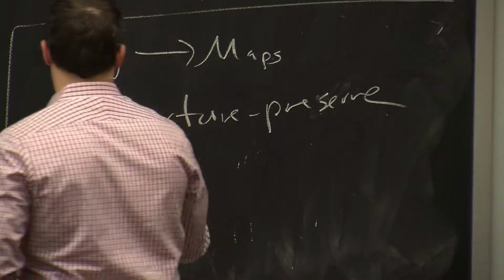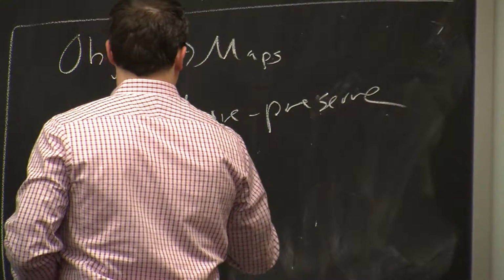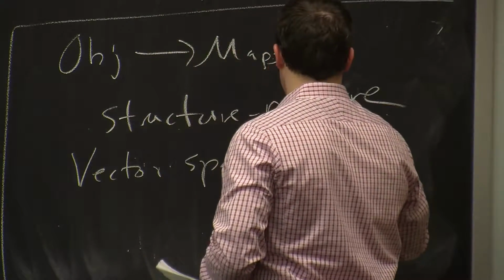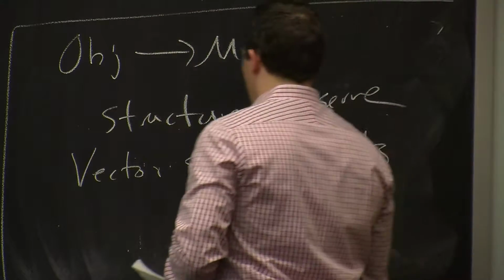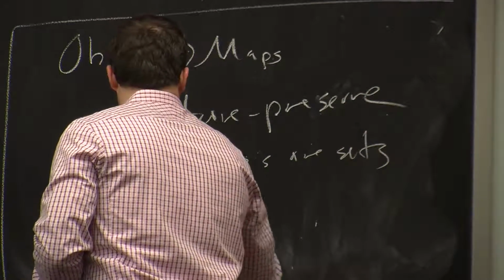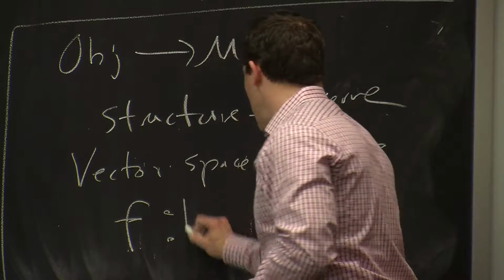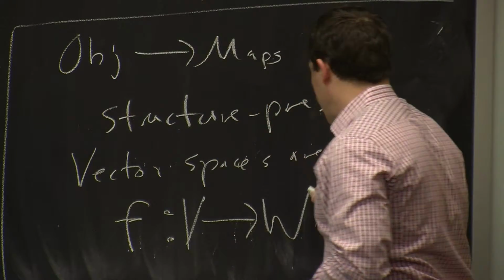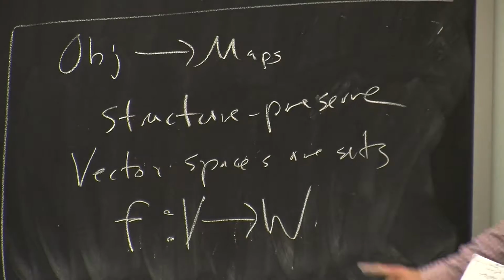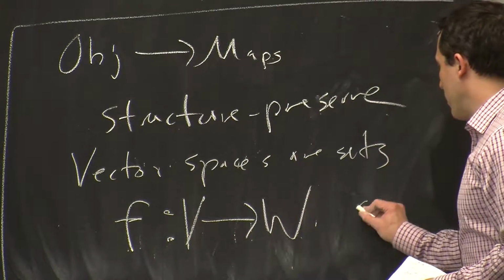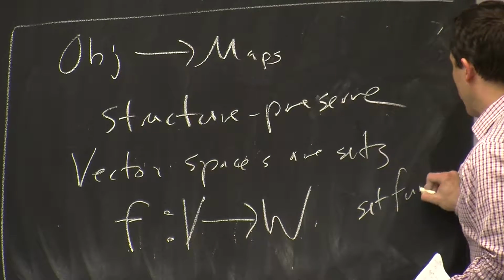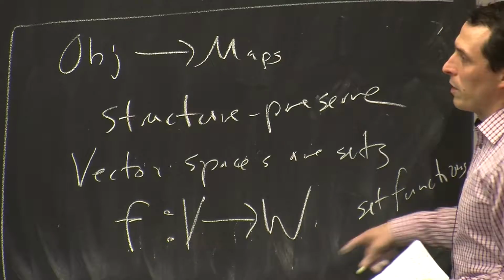spaces was that the vector spaces were sets. And so, when we're thinking about what a map between them is, it makes perfect sense to say something like, well, the map between them is going to be a set function which satisfies certain axioms. That wasn't true over here, right?